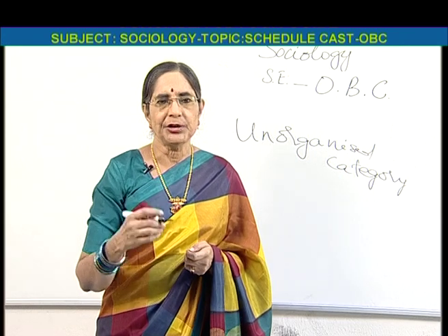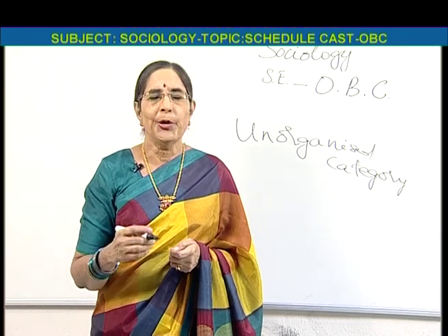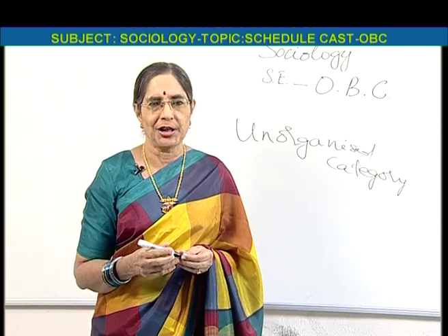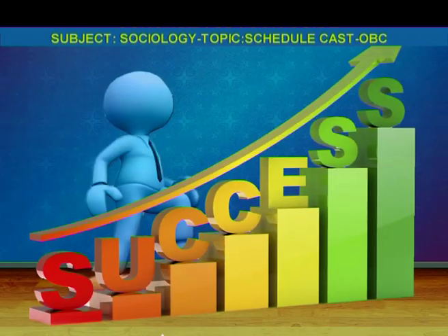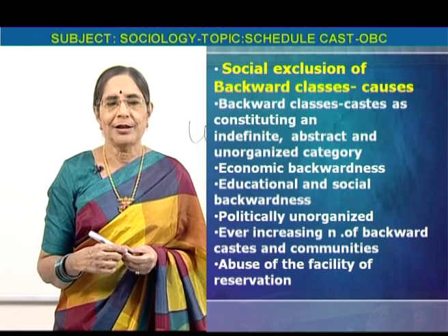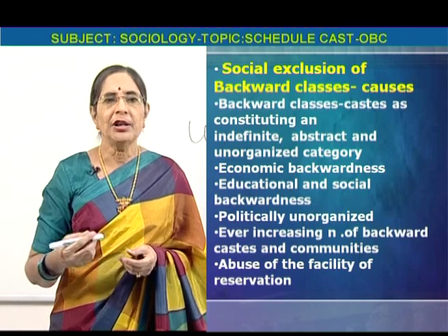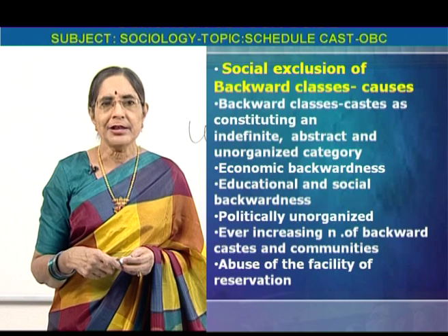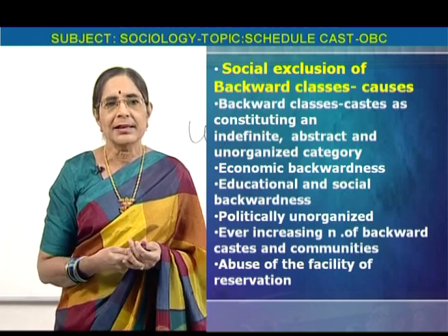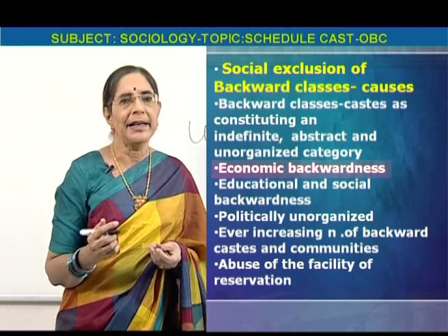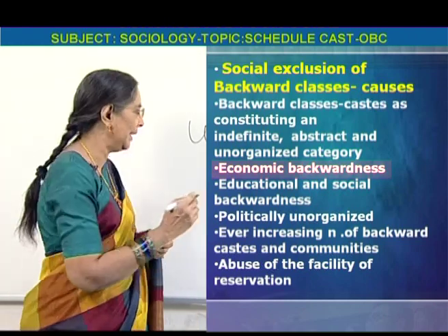Another reason for social exclusion is most of them are landless agricultural laborers. Their incomes are very low. Many of them are artisans or having traditional occupations, and these traditional occupations have lost their importance now, and this cause can be explained as economic backwardness.